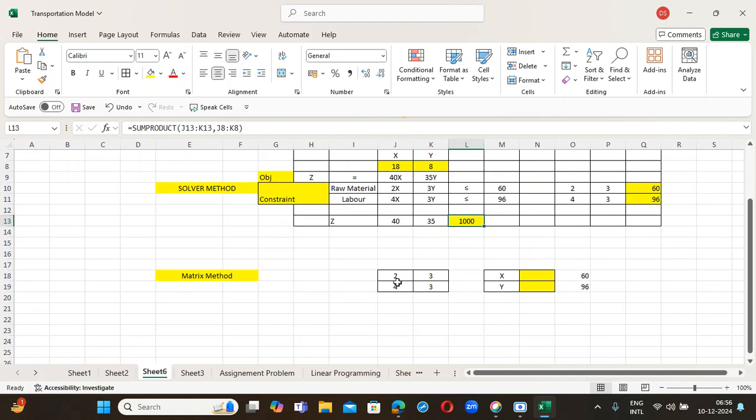Suppose you all know that when we go for multiplication of matrices, it should be 2 by 2. Suppose I have written here a particular matrix, that is 2 multiplied by 2, or a 2 by 2 matrix. This is 2 by 2, and the X column is 2 into 1.